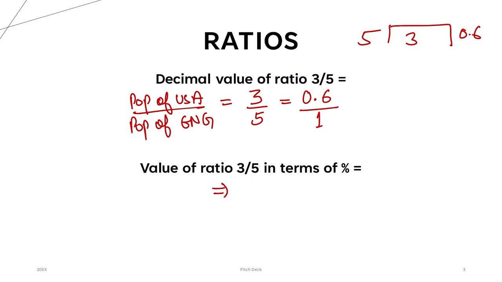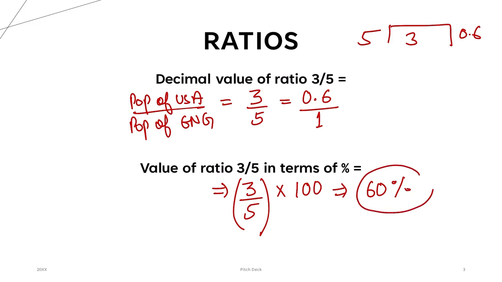And if you want to represent the ratio in terms of percentage, how will you do it? 3 by 5 is the ratio, multiplied by 100, you will get 60%. So what does this say? That the population of country A is only 60% of the population of country B. In our last example, the ratio of the population of USA to India is 1 by 4.